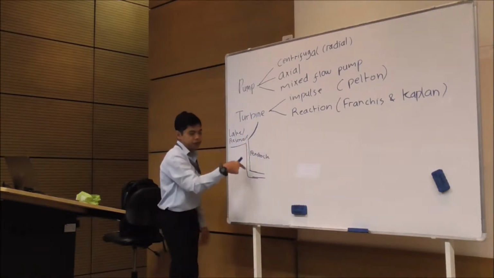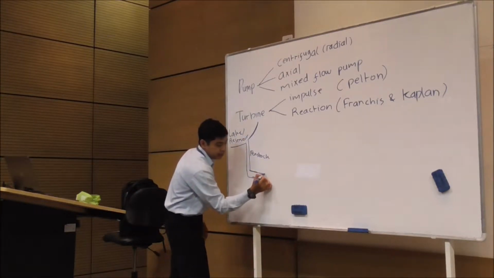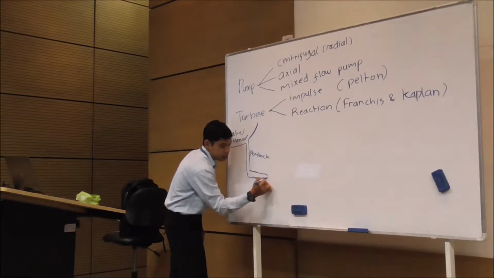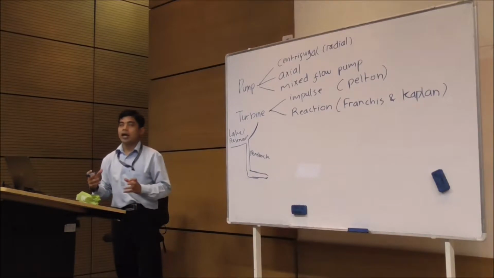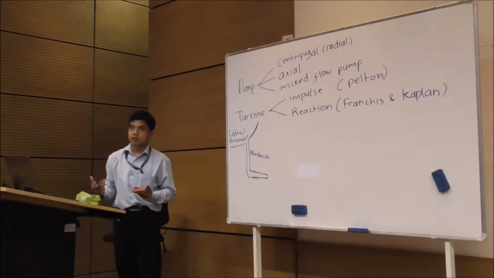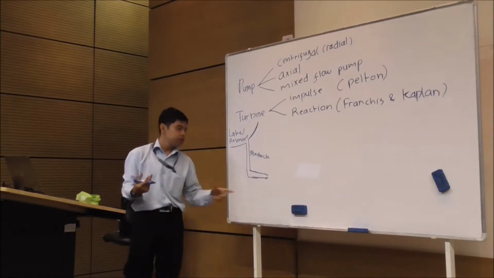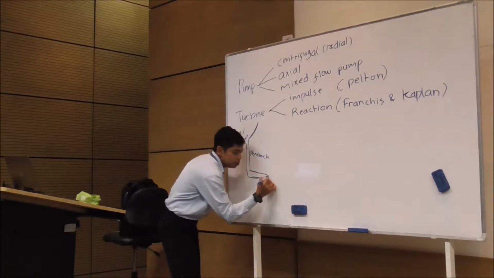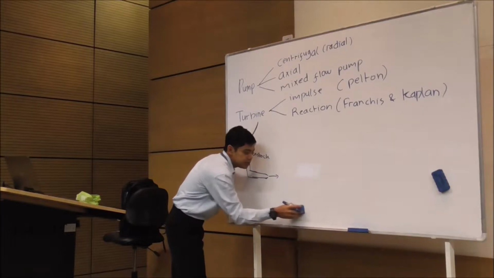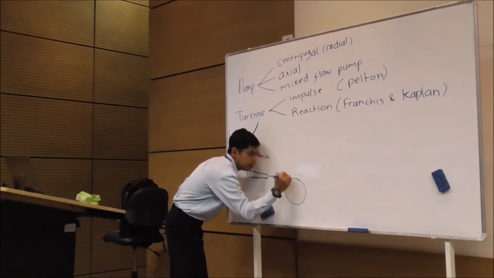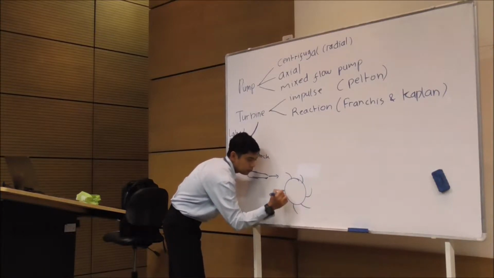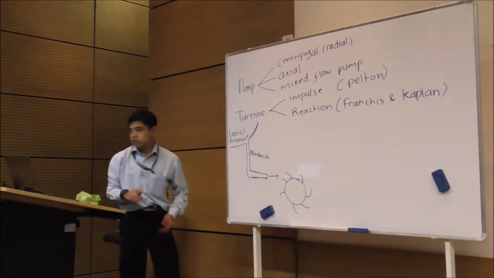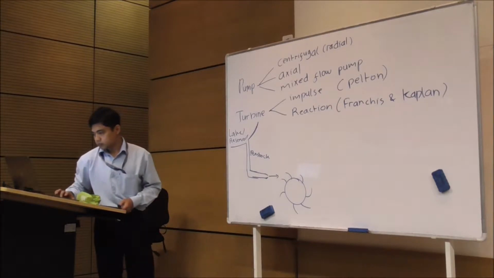Then you drive the flow through the penstock, and then you will have a nozzle. The reason for having this nozzle is you want as high a velocity as possible, because this impulse turbine works based on the kinetic energy provided by the jet. So you will have a jet, and this jet will strike the bucket.